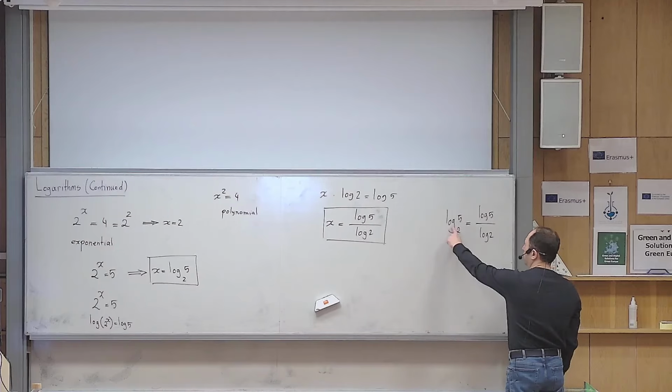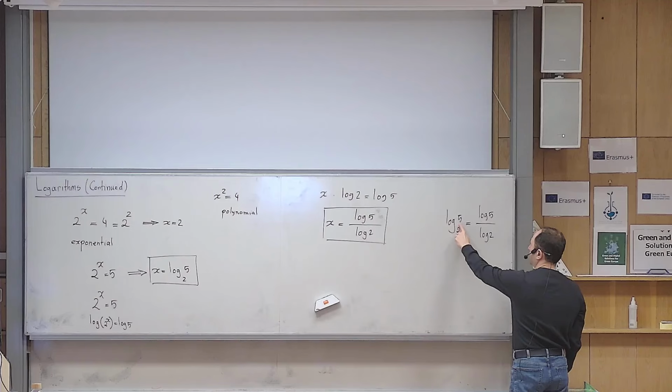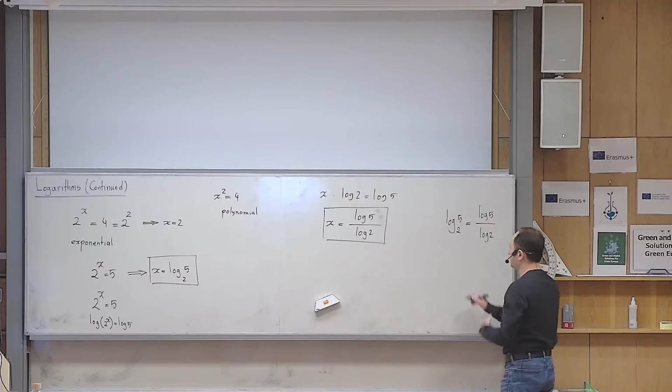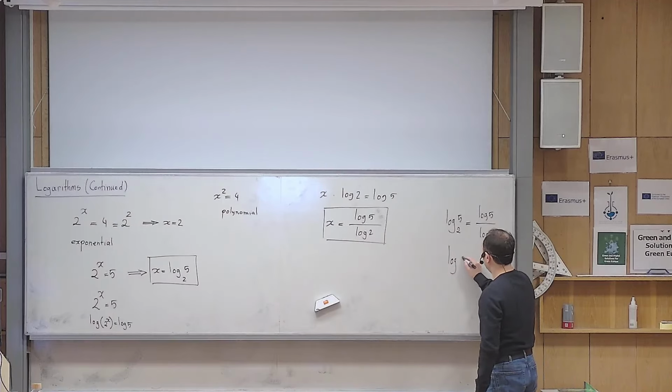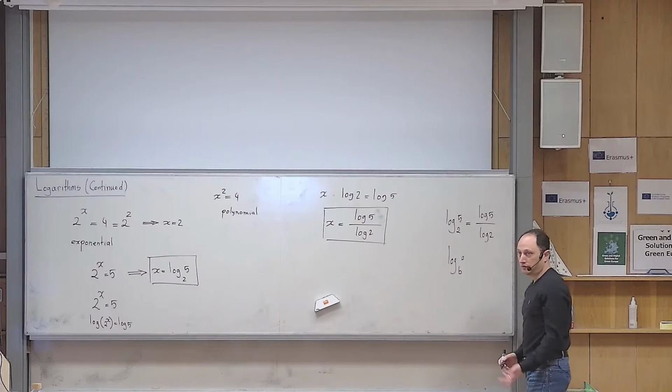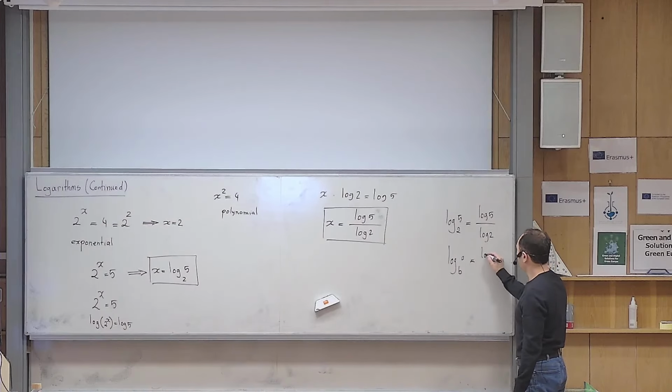It's a very nice formula, you see. If you have log of 5 to the base 2, you can write it as log of 5, whatever it is, divided by log of 2. For example, if I have log of a to the base b, I can write it as log of a divided by log of b.